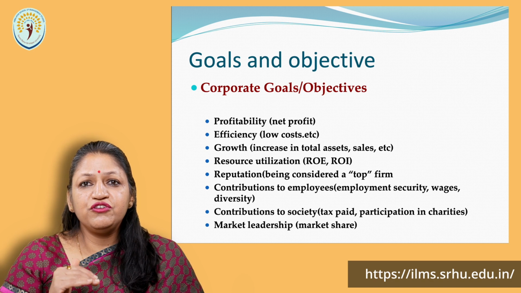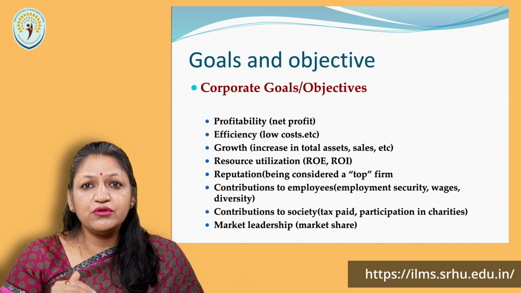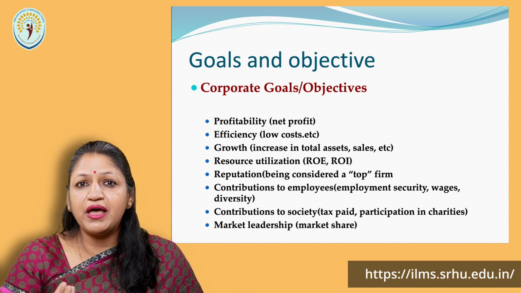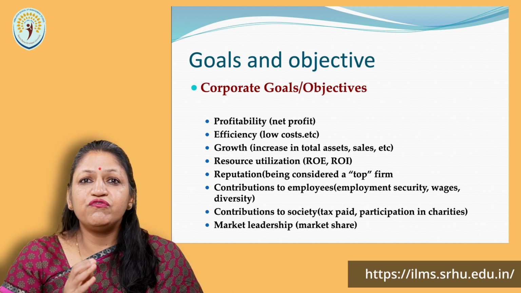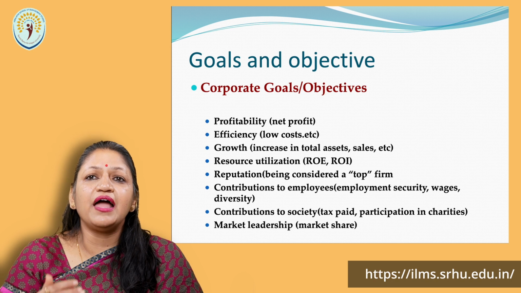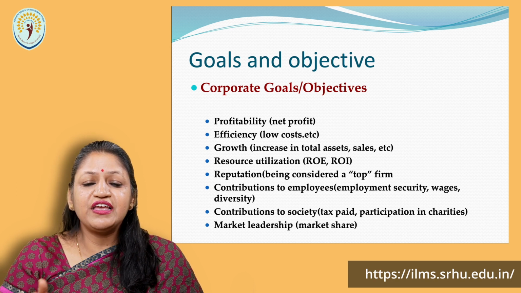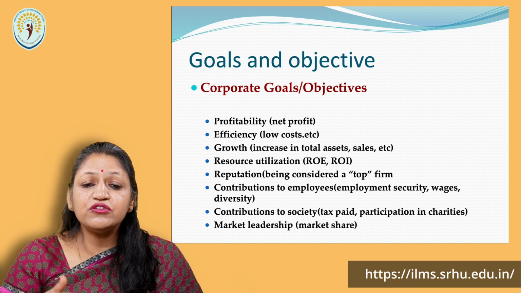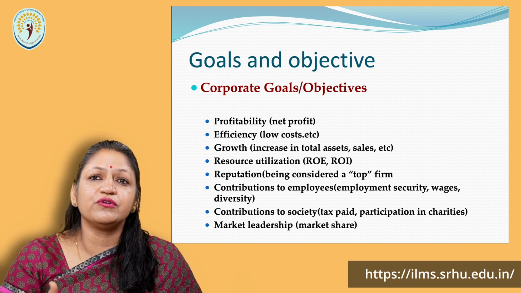Once the vision and mission are clear to you, you've understood what we mean by a mission and vision. So once they have been framed, then the firms frame their goals and objectives. So we say that the vision and mission are qualitative and the goals and objectives are more in quantitative terms.